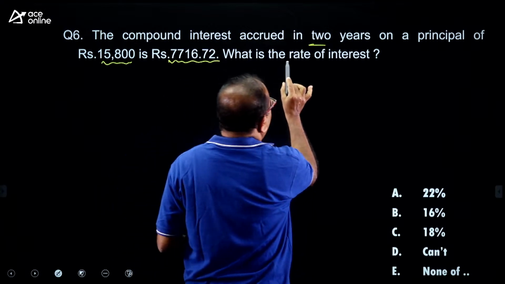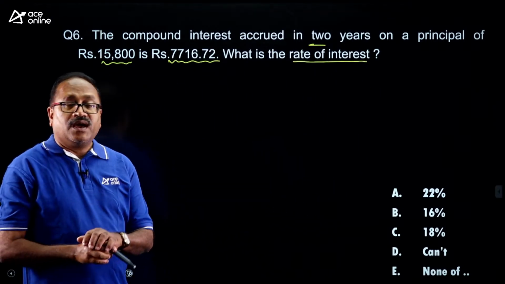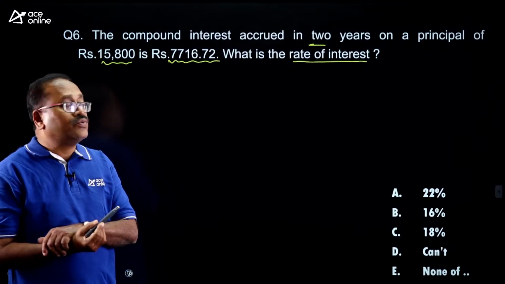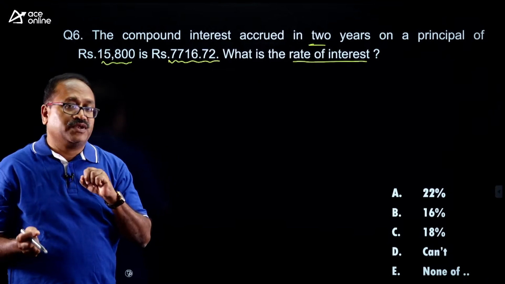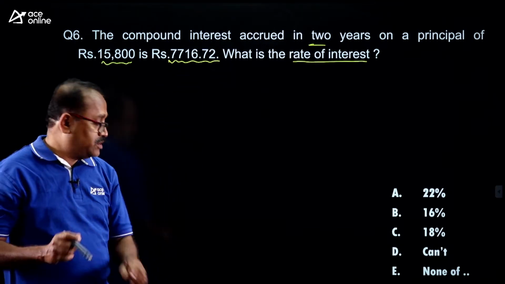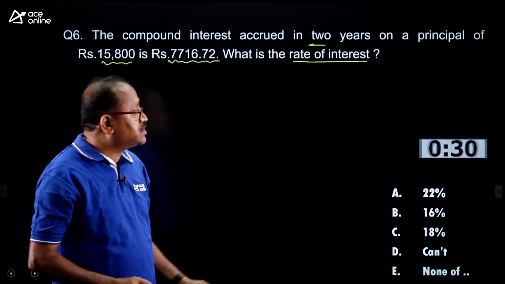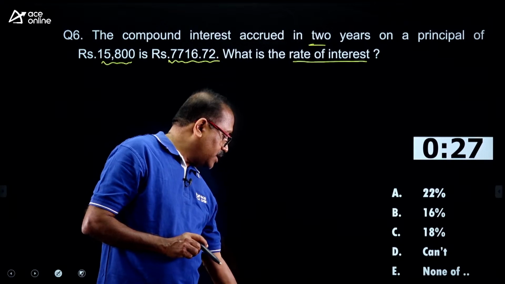What is the rate of interest? I know why I gave this one, because the formula approach is a complicated approach for this question. Look at the beauty of this question, but before that I will give 30 seconds for you to answer it, and then I will take it.